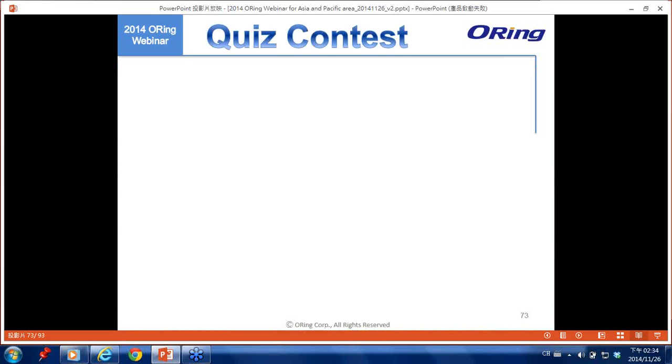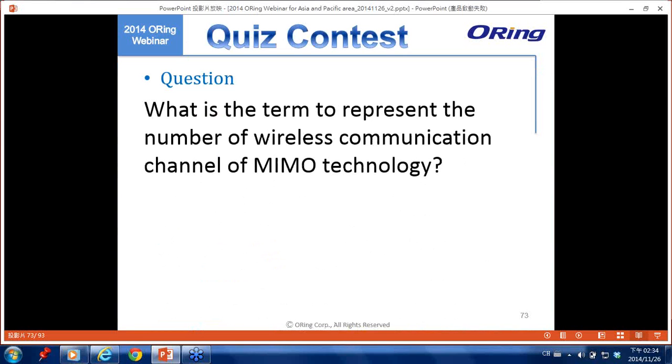It's our quiz time again, and the first question is, what is the term to represent the number of wireless communication channels of MIMO technology? If you know the answer, please write down the answer in the question box.